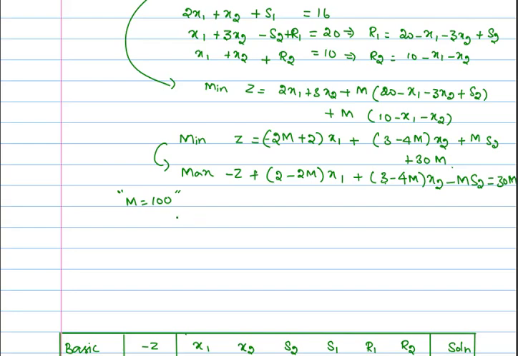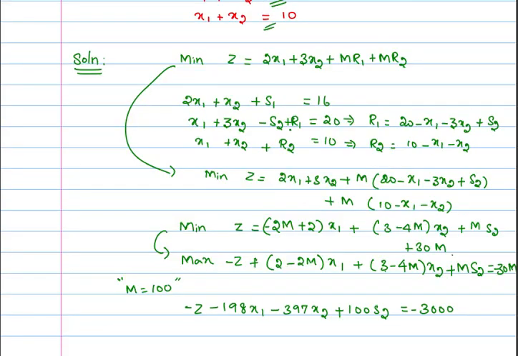So our equation form is minus z minus 198 x1 minus 397 x2 plus 100 times s2 equal to minus 3000, because I multiply both sides by the minus sign.